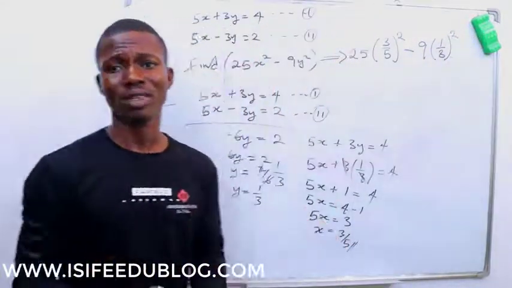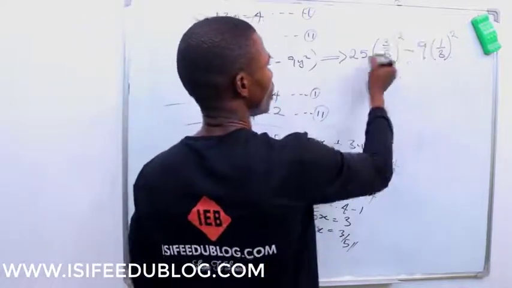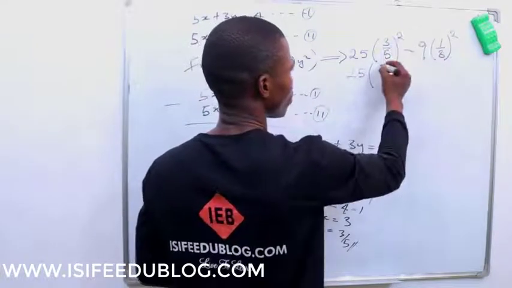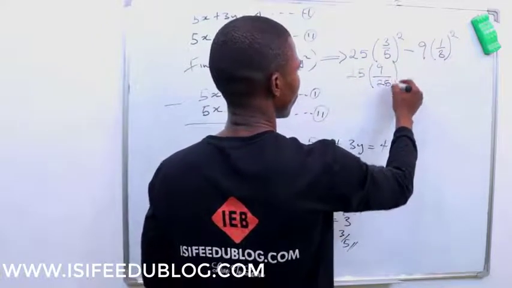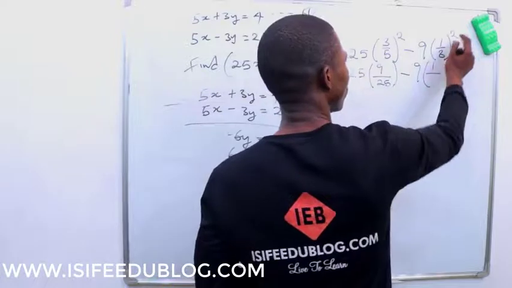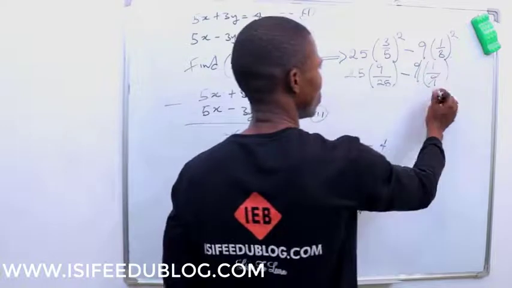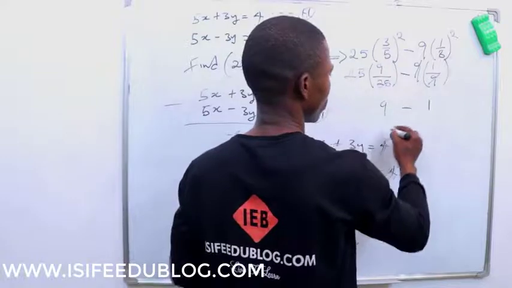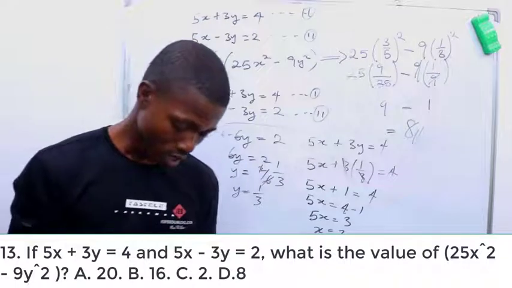Simply evaluate. 25 times 3 squared is 9, 5 squared is 25, minus 9 times 1 squared is 1, 3 squared is 9. This cancels this, and everything here is 1. So 9 minus 1 will give you 8. Just go ahead and pick your answer in the options.